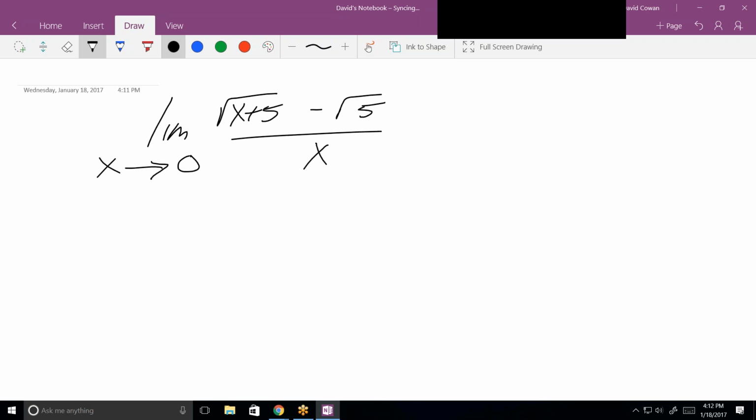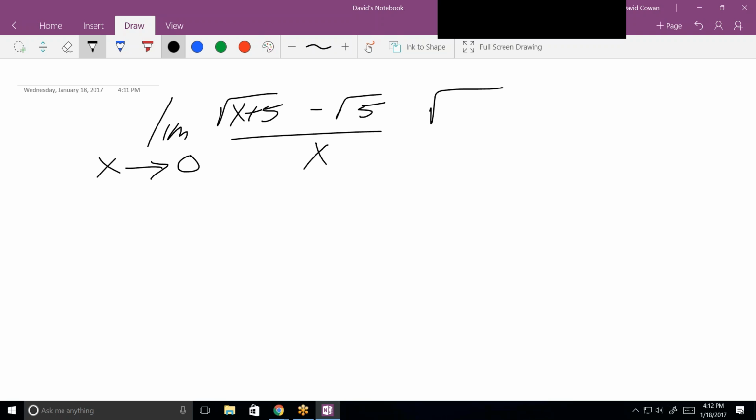And of course, by direct substitution, you end up with 0 over 0. Well, when you see an expression like this, I can't factor it, but when you see radical signs, think multiply by the conjugate.